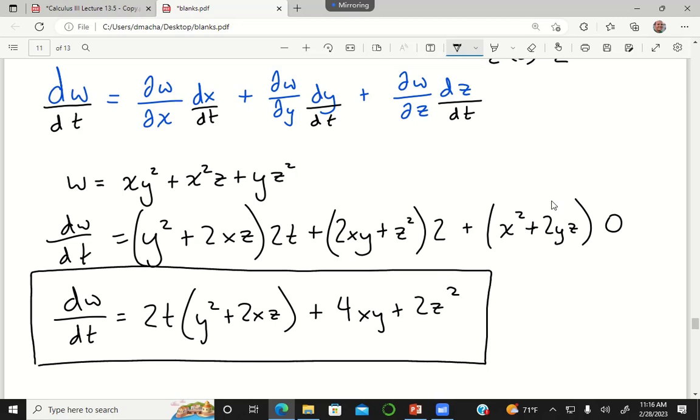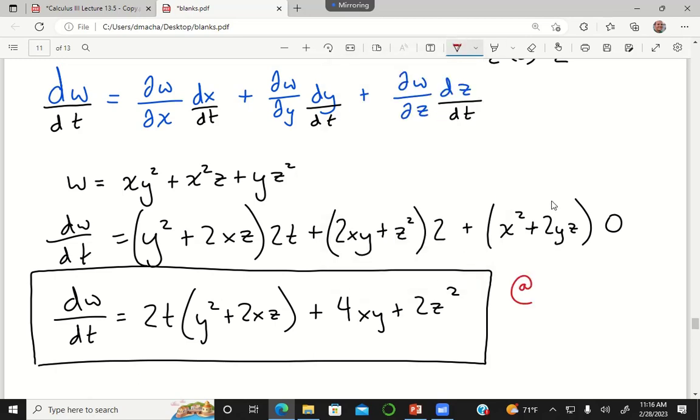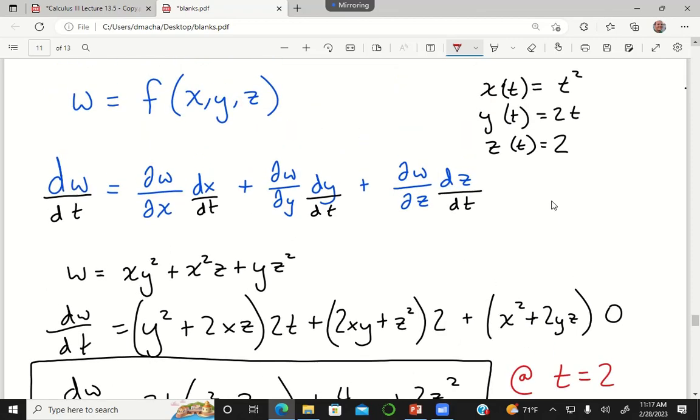And if we wanted to evaluate this derivative at a certain value of t, maybe let's say, what about at the point t is equal to 2? Well, at t equals 2, then x should be equal to what? 4. And then y is equal to 4, and then z is equal to 2.